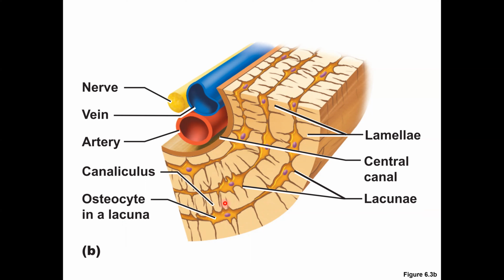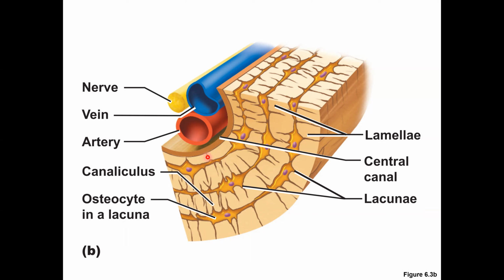Now we want to bring nutrients from this artery. We want to bring oxygen and nutrients, let's say, to this cell. How to do it? It would be very hard for nutrients and oxygen to diffuse through this hard bony matrix. That's why we have these little channels, canaliculi.